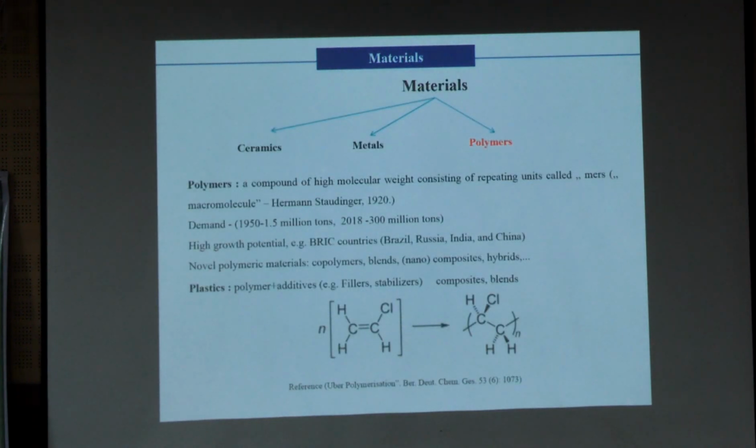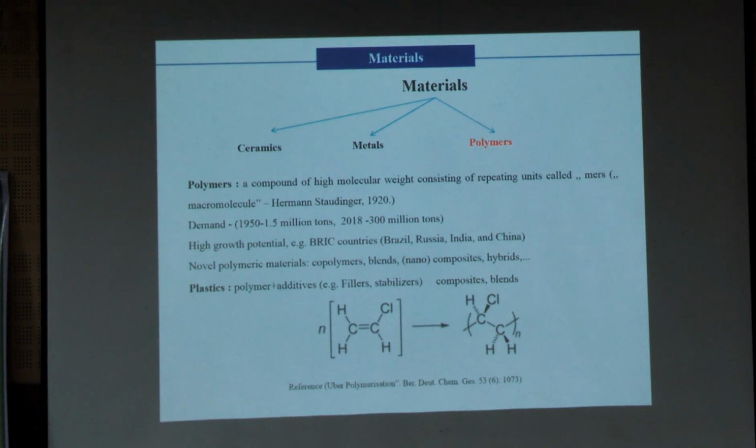All these applications may not be using the same composite materials. So normally we classify composite materials as ceramics, metals and polymers. That is based on the base material, right? The reinforcement may be different. Now we see initially about the polymers.